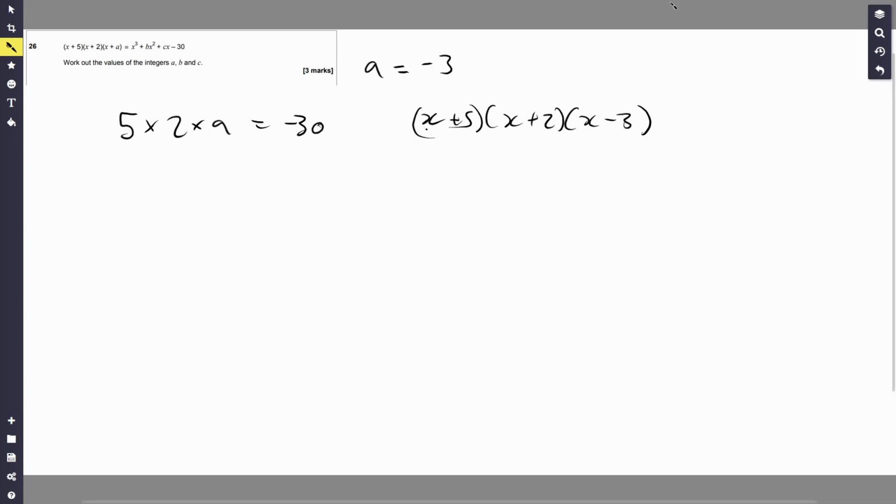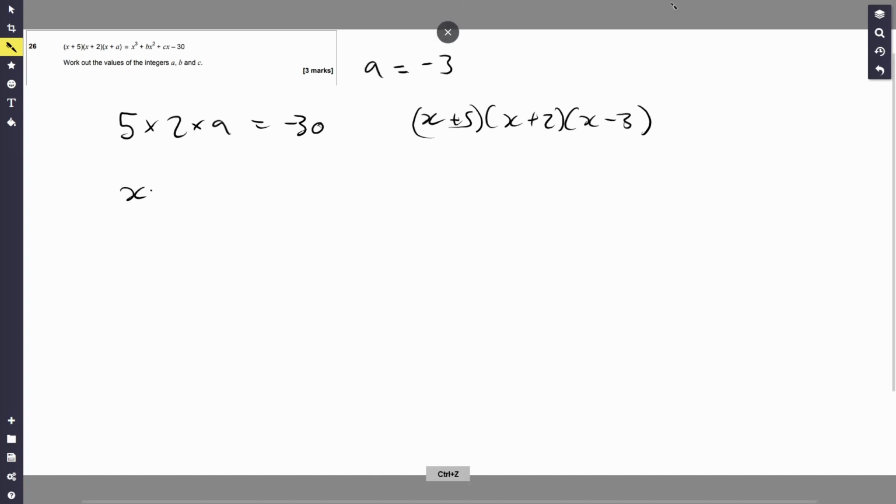And I use a systematic method where I just do this times that one, and then move on to the 5 and times that by that one and that one. And then that's how I write it down every single time, so I make as few mistakes as possible. Okay. So remember, when you're timesing brackets, you can't just times this by this. You have to actually times one of the values by both of these, and then the next value by both of these. That's how you do it. Anyway, let's get into it.